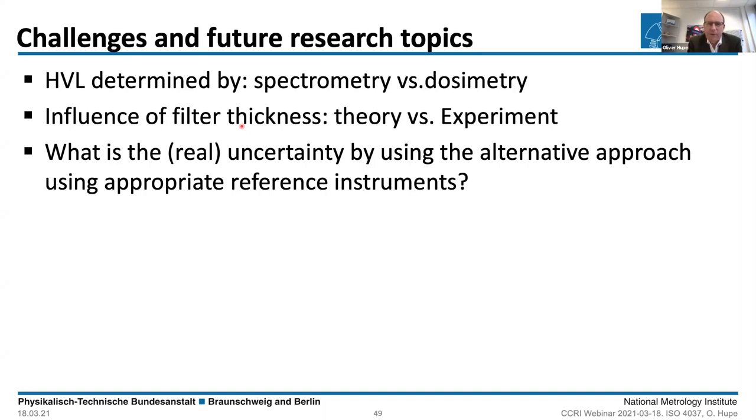They have an energy response which closely follows the behavior of the quantity. So therefore, there's also a variation. If you buy two chambers, they might be a bit different at low energies. It's interesting. So that's also future research we have to find out, and maybe a new revision will be necessary.